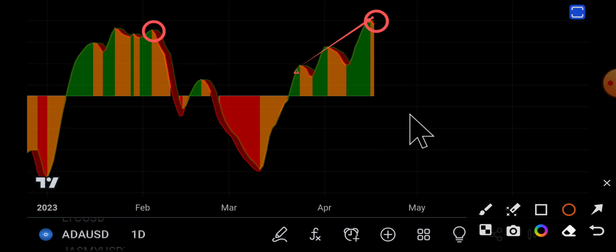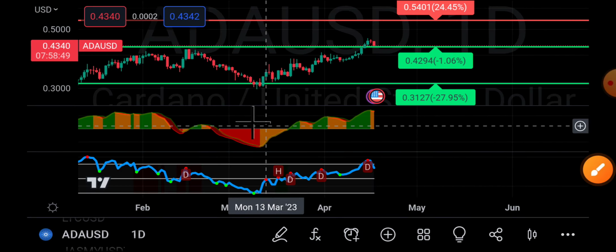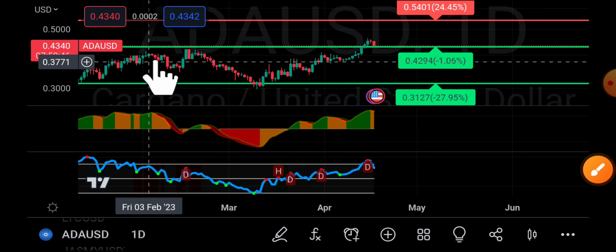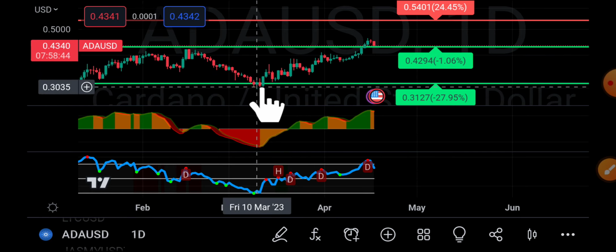So we could see a huge push down to the support levels for Cardano. If we move back on the chart, you will see that at this level here, we saw a huge push down to our level.